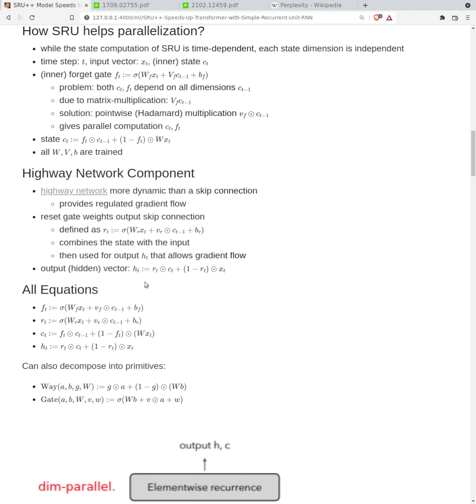You multiply the reset gate directly with the output, and then you multiply 1 minus the reset gate times the input. So the reset gate decides how much we will be mixing the input into the output. The reset gate gives you values between 0 and 1, and it decides the mixing of the output of the network and the input. So if the network is not going to help improve anything, you can choose not to mix it in.